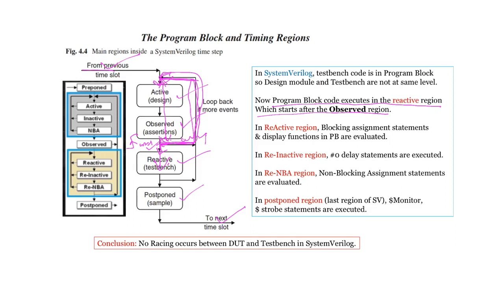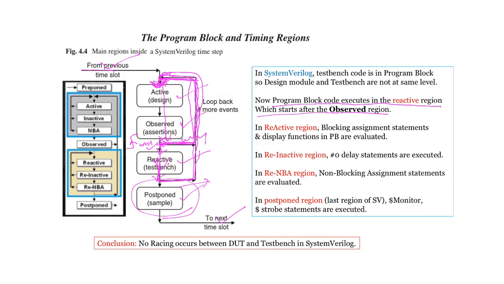And finally the postponed region. Even in the test bench, if you are doing something that is again invoking the DUT within the same clock cycle, that is also possible with the help of this feedback. And finally the final values are going to be sampled in the postponed region.